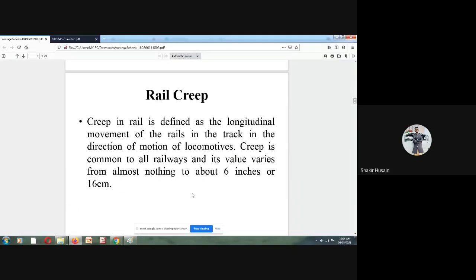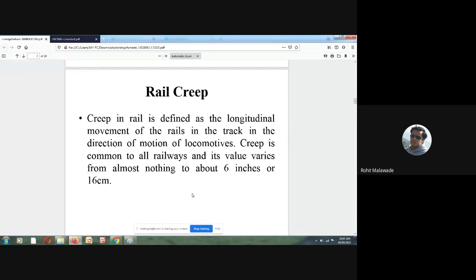So when the vehicle is moving in the forward direction and the brake is applied, then the creep is also in the forward direction. Yes, correct. Who is speaking? Shakir. Yes, Shakir.